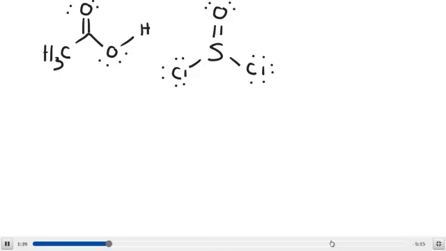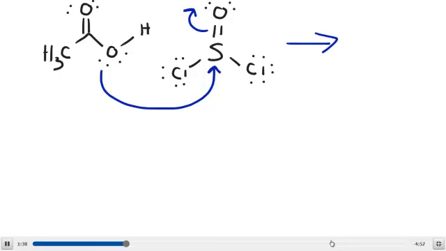So, like we've been talking about many times in class, we end up doing electrophile-nucleophile chemistry. And the oxygen of the carboxylic acid actually acts as the nucleophile toward the sulfur. And as this occurs, we break the sulfur-oxygen double bond, and we make a new intermediate.